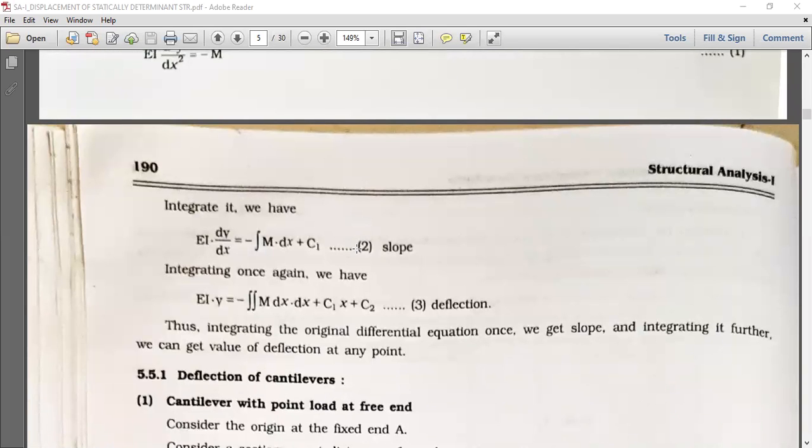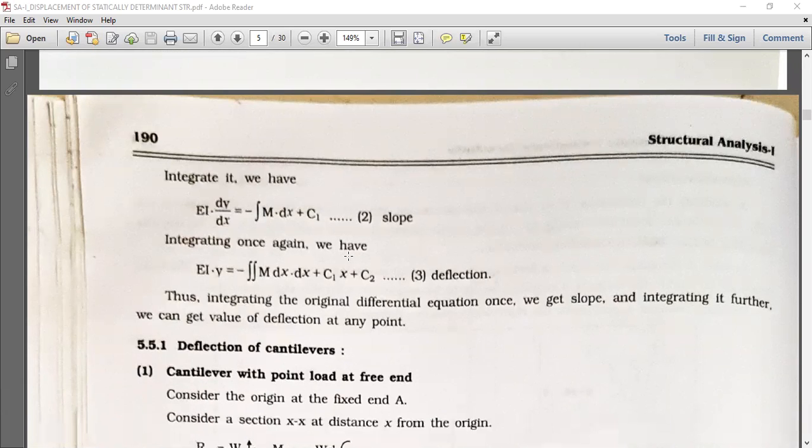Now again integrate it, we have EI into y is equal to minus double integration M into dx into dx plus c1x plus c2. Double integration is called deflection.